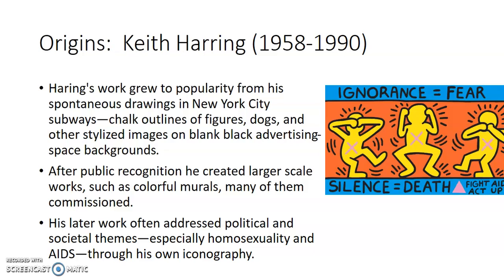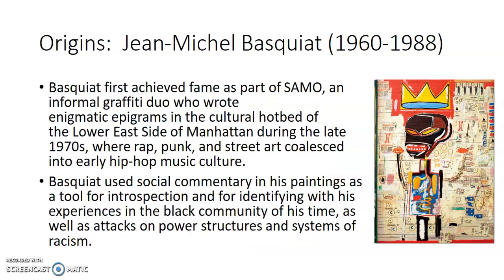But his themes were addressing political and social themes. He was focused on homosexuality and AIDS. And again, you can see that his images look a lot like advertisements, and he's using that idea to promote different ideas to the general public.